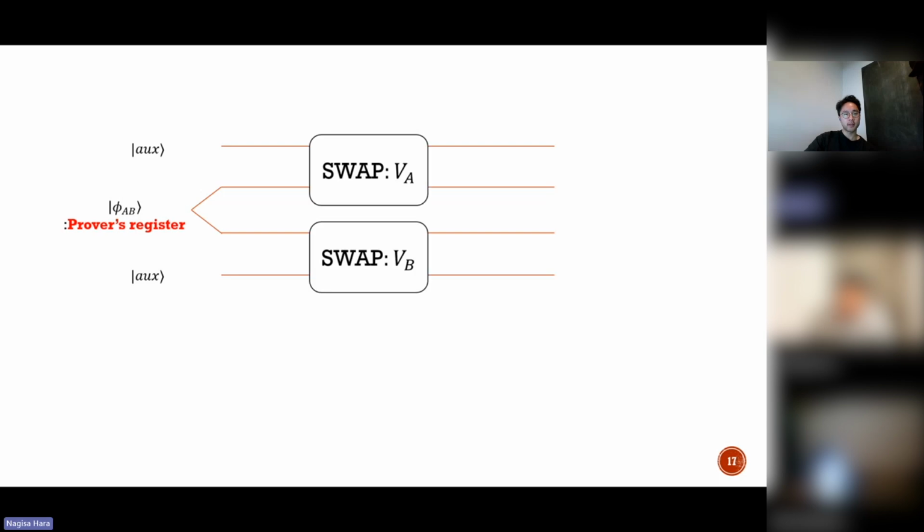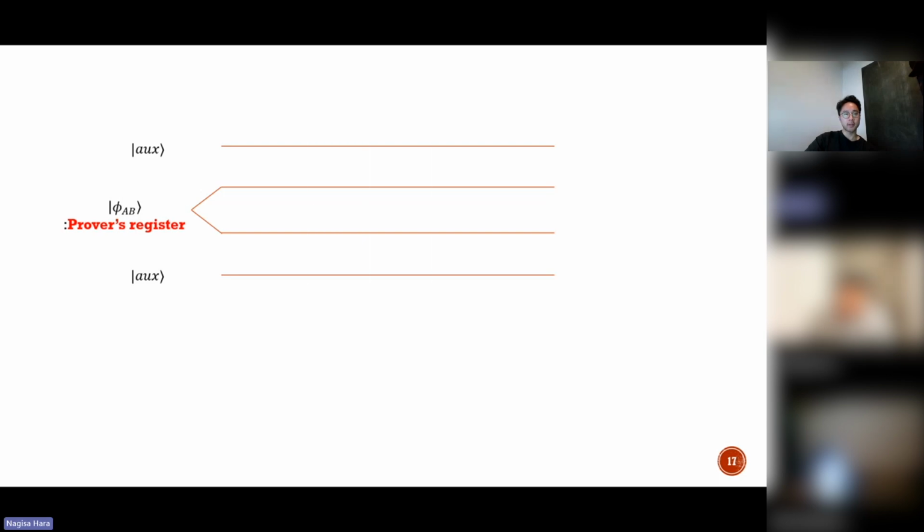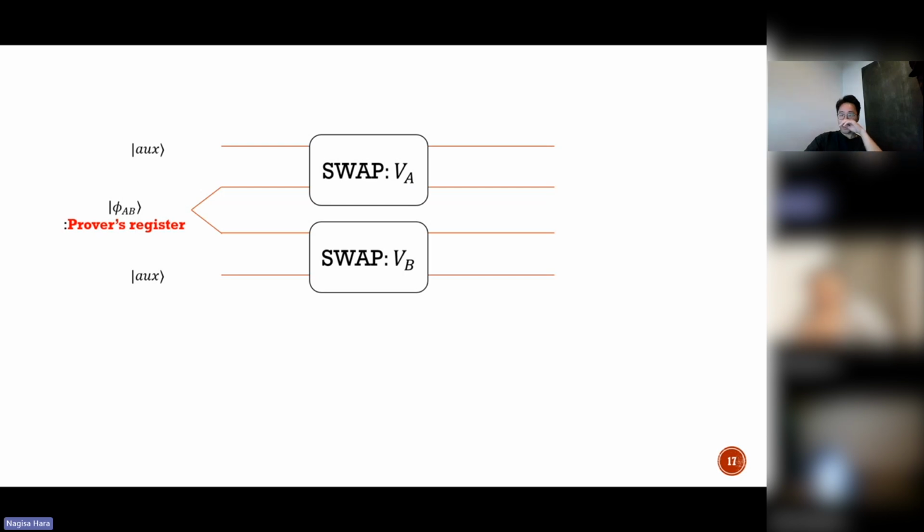Even though you cannot access the prover's private register, if you apply the swap gadget isometry, you can pull the prover's register out to the auxiliary register, and it turns out that the auxiliary registers are almost EPR pairs.